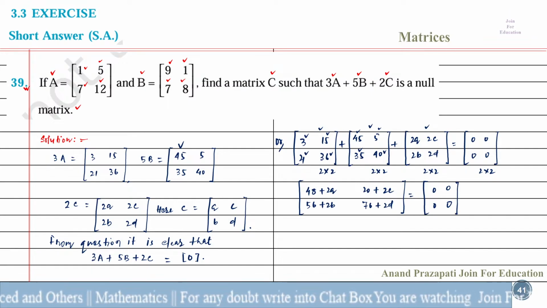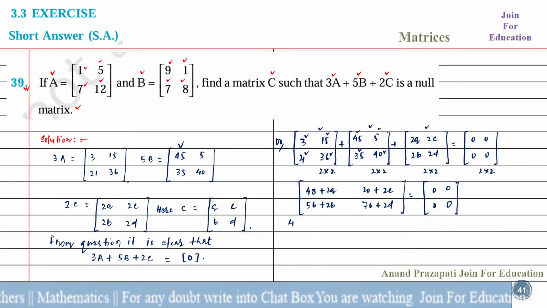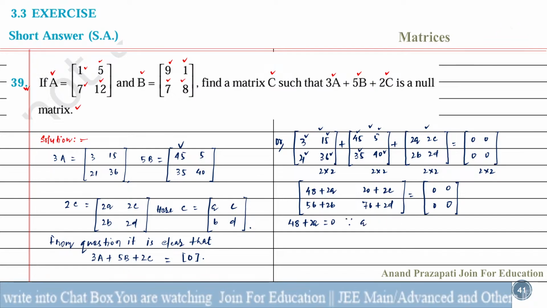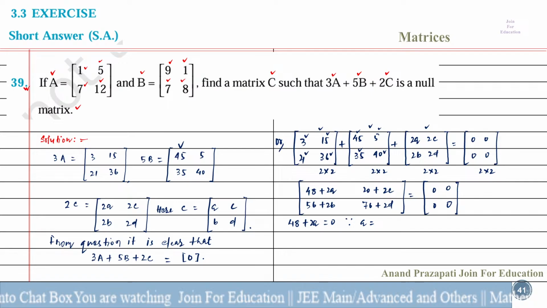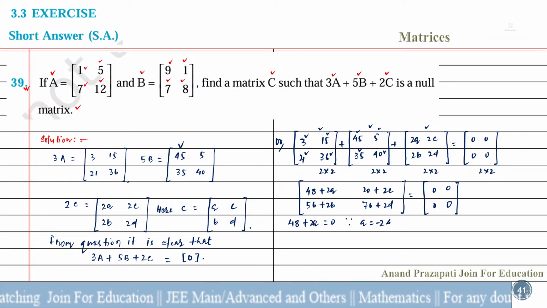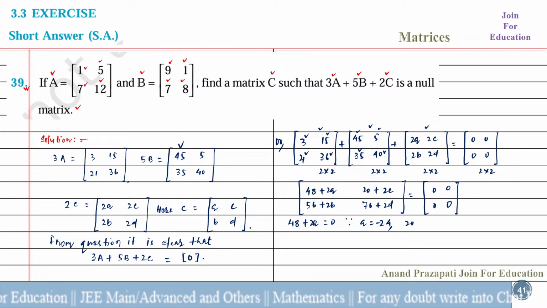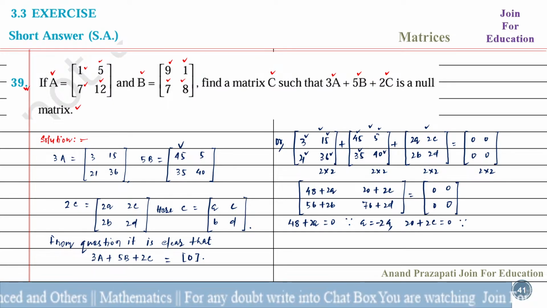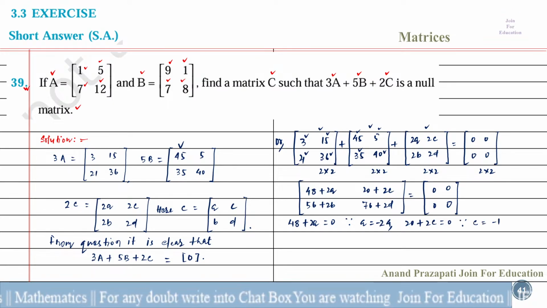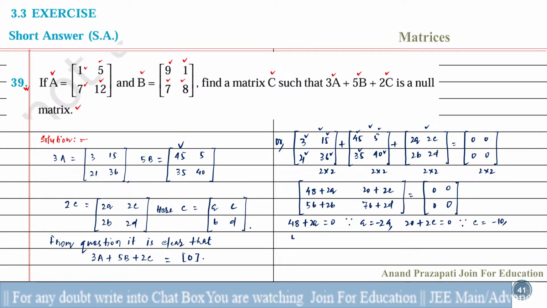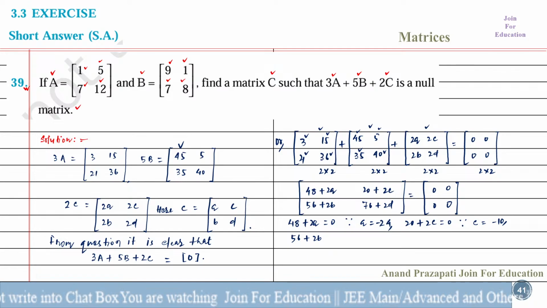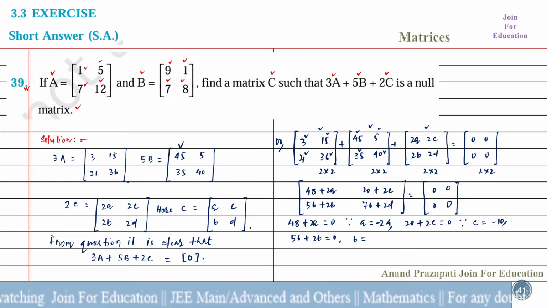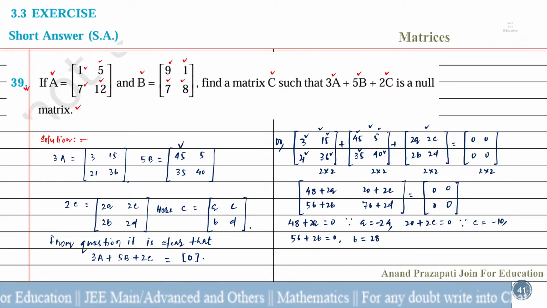Now equating both sides, we get 48 plus 2a equals 0. Therefore a equals 48 by 2 equals minus 24. Similarly, 20 plus 2c equals 0, therefore c equals minus 10. 56 plus 2b equals 0, therefore b equals minus 28.